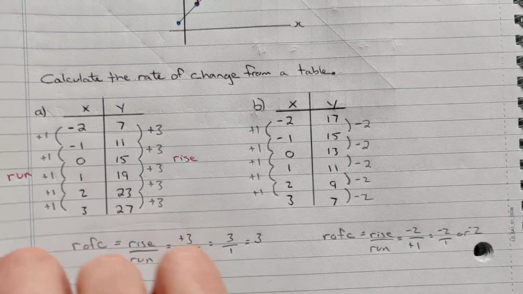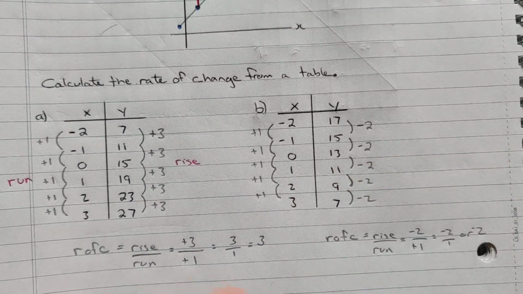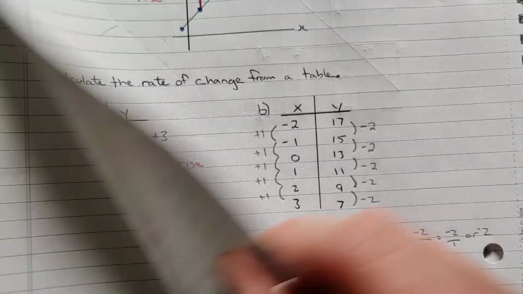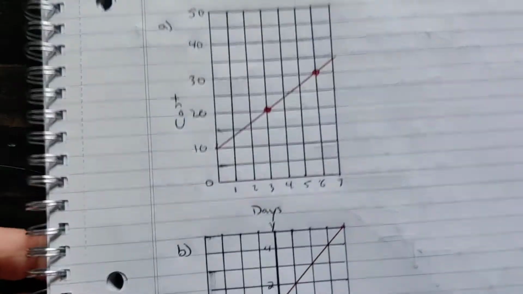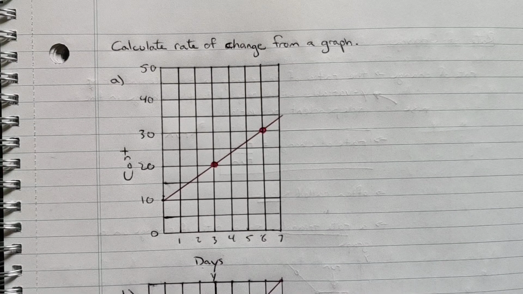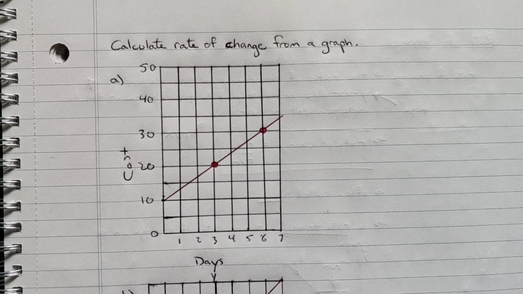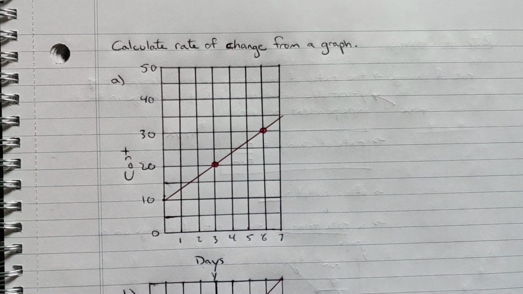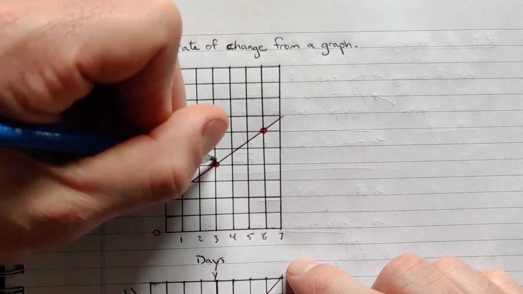The other case is we may want to use the rate triangle to calculate this. If we're given a graph and we want to calculate the rate of change, then we need to find some points on that graph and create a rate triangle. When you're picking points, it is important to pick points that intersect at the grid lines.